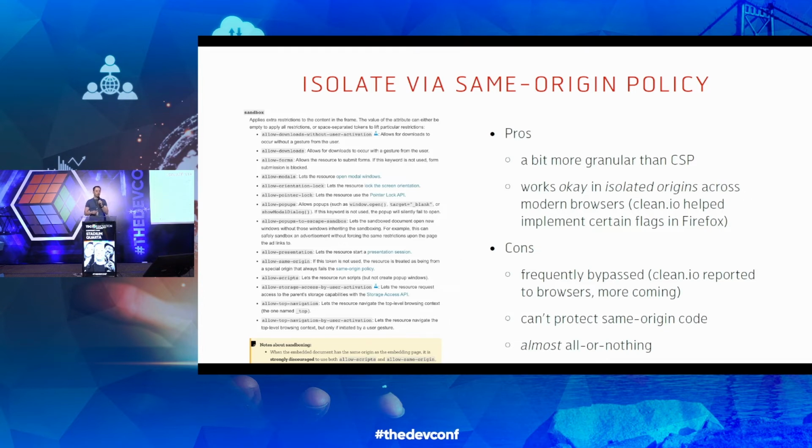And it works okay in many browsers, and we actually helped to implement some of those things in Firefox and make a couple other fixes about this. But you can't just move all the third-party JavaScript into a third-party origin oftentimes. And therefore, it is almost, again, an all-or-nothing solution. Even though it is more granular, you can allow certain features but restrict certain other features from JavaScript, it is still almost like an all-or-nothing kind of solution.